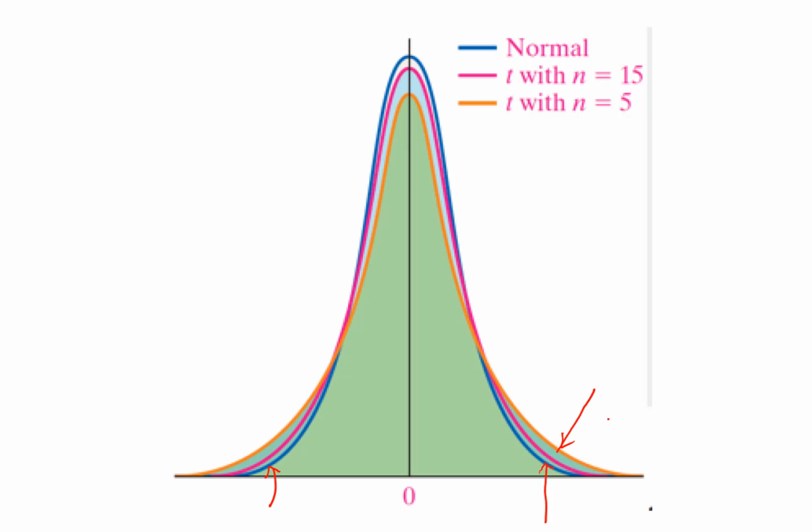It has the most area in the tails because there's more variability associated with a sample size 5 than there is with a sample size, say, 15. And so that's why the magenta one is in the middle for a sample size 15. So as your sample size n increases, students' t acts more like the standard normal.